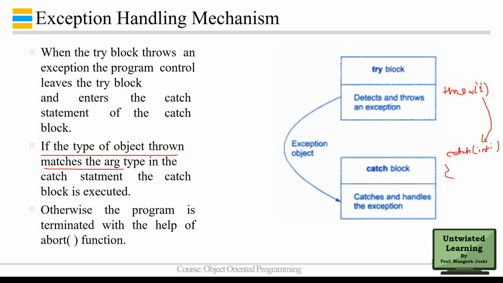If this is a string, then it will go to the corresponding catch block depending on the data type, the argument type. Otherwise the program is terminated with the help of the abort function. If the compiler does not find the corresponding catch block, the program will be terminated abruptly using the abort function.